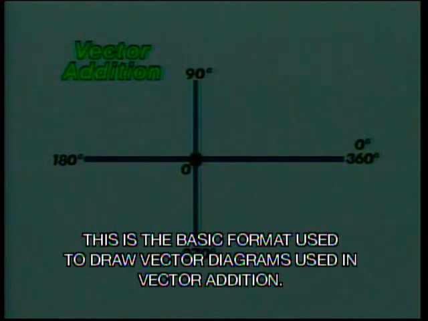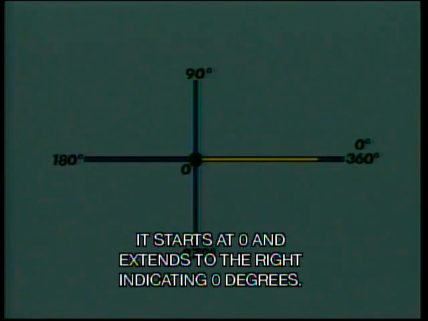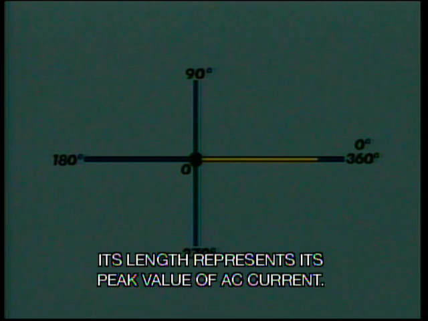This is the basic format used to draw vector diagrams used in vector addition. The first line on the diagram represents the current. It starts at 0 and extends to the right, indicating 0 degrees. Its length represents its peak value of AC current.